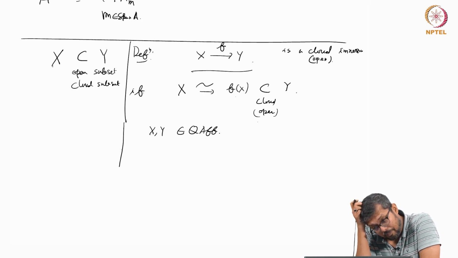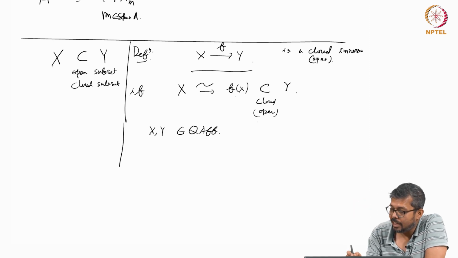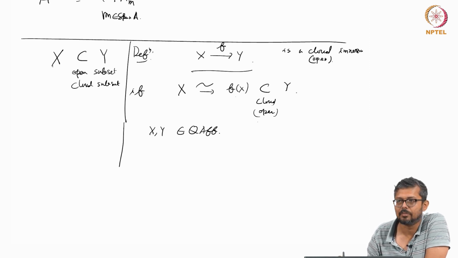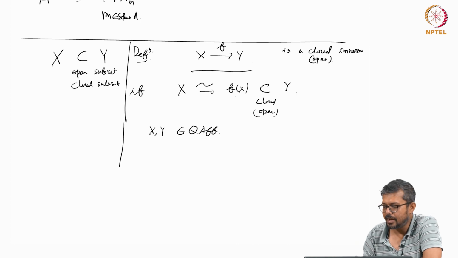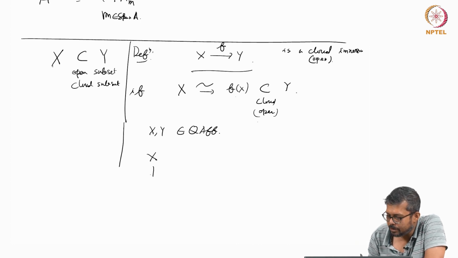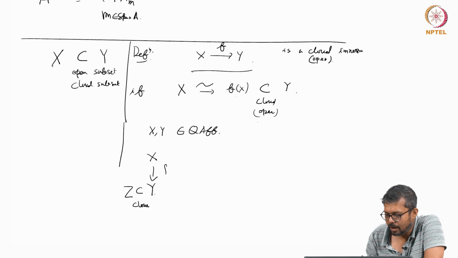But you see that this definition is based on the image, how the image looks. So the image has the property. For example, if I have a morphism X to Y, and I take a subset Z in Y which is closed, and you have a morphism, then F inverse of Z is a closed subset.